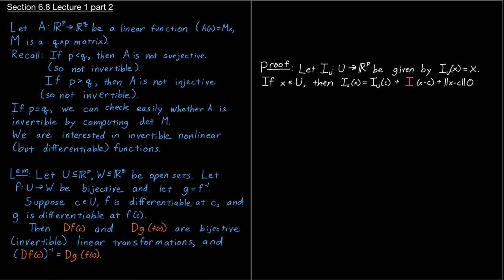So the derivative of the identity in U at the point c is equal to the identity function, where I is a linear function from Rp to Rp.